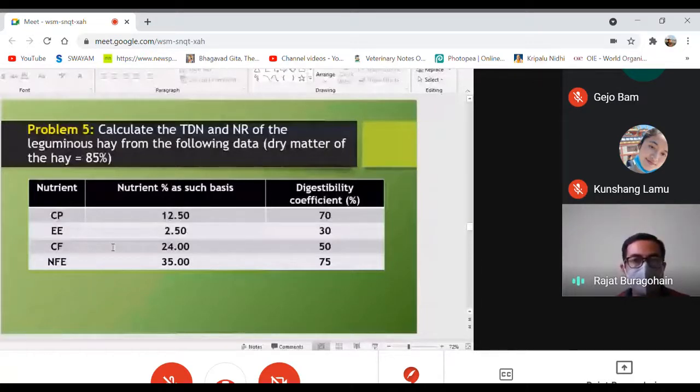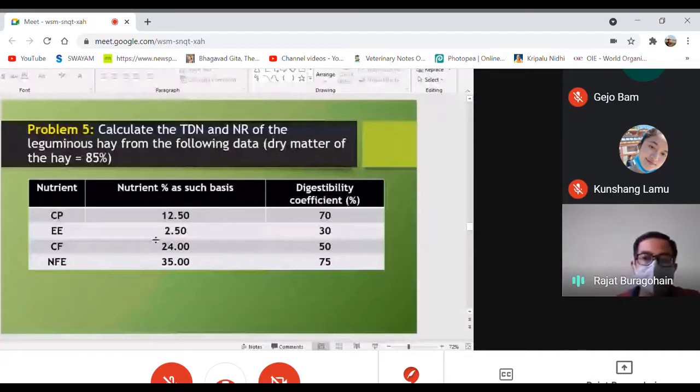Nutrient percentage is given on SL basis, not on diameter basis. You remember that. And then the acceptability coefficient is given.